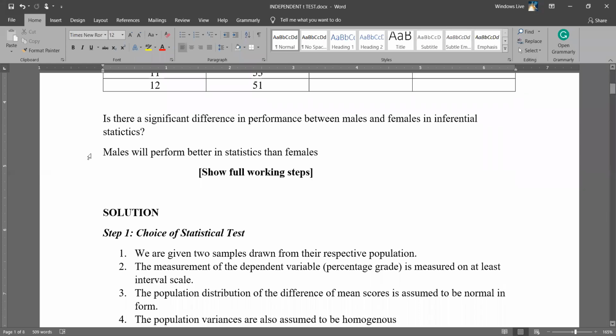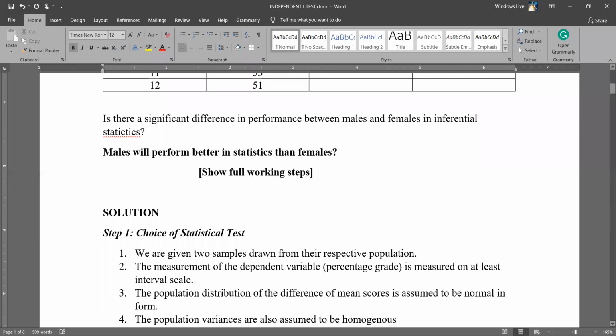They could have posed it in this form. Had they posed it in this form, then it means that they've what? They've indicated the direction, because we are comparing two groups, males and females. And here comes the case, they've indicated that males will be higher than what? Than females. So it means they've indicated the direction they expect the hypothesis to be.